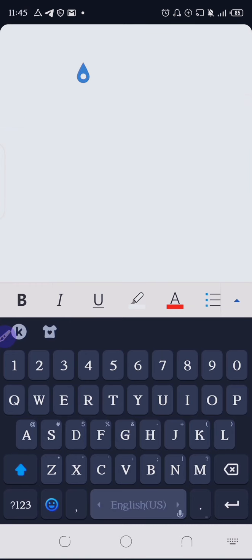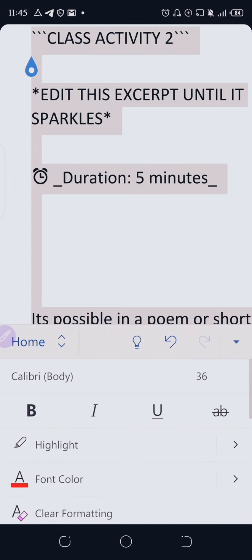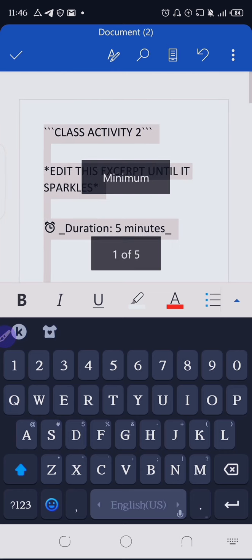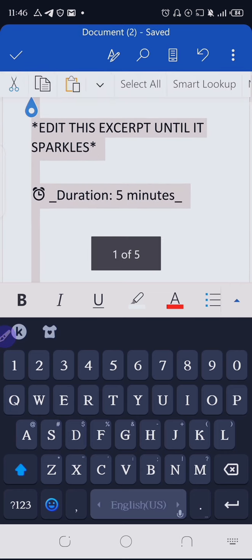Let's select all, and then let's format the font size. I think 38 will be good for a good view, or 36. 36 will be good. So let's size it to fit the screen. Now we can start working on our document.